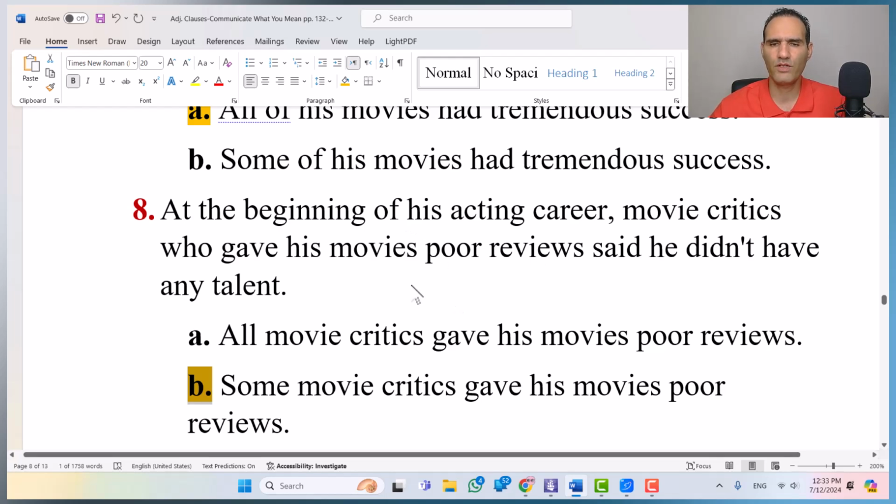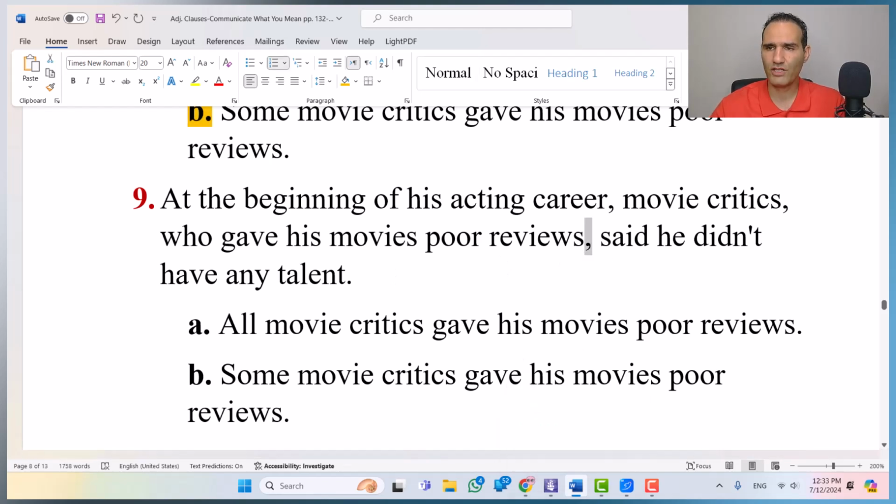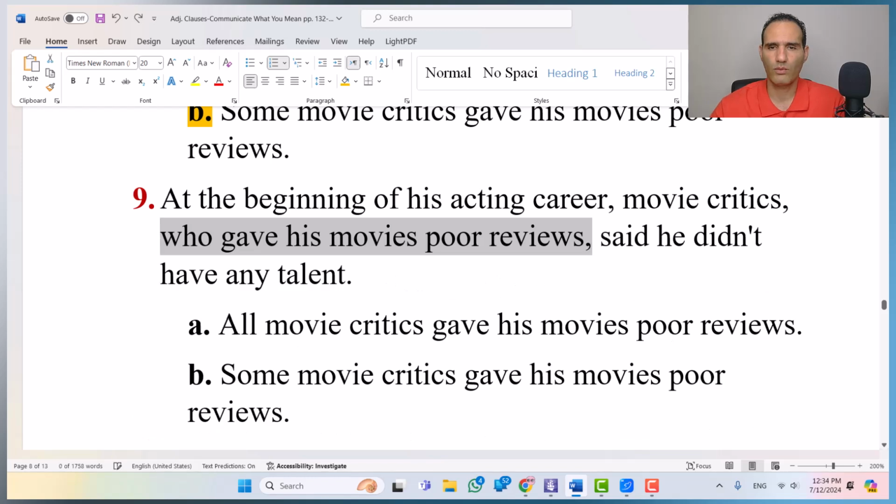Instead of bad reviews, poor reviews. Again, the same story, beginning of his career, movie critics said that he. So we can omit this adjective clause here, and then you see, movie critics said that he. So it means all the movie critics said so. Okay, so that is an unnecessary adjective clause. All the members of a group.